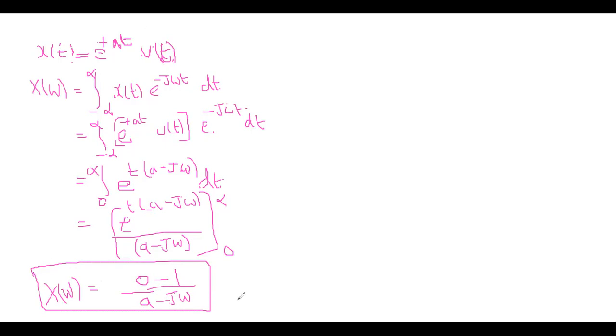Otherwise, we can take x of t is equal to e power at mu of minus t. So mu of minus t means a folded function, my dear students, a folded function.